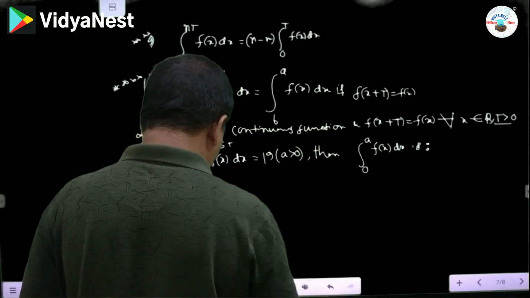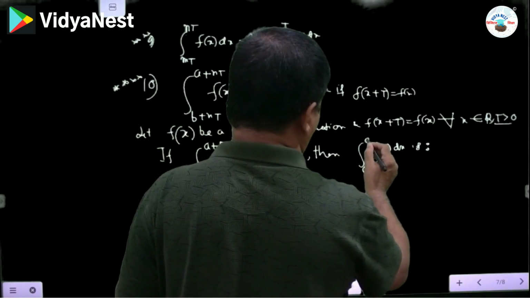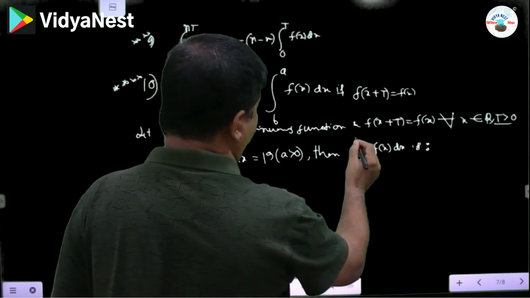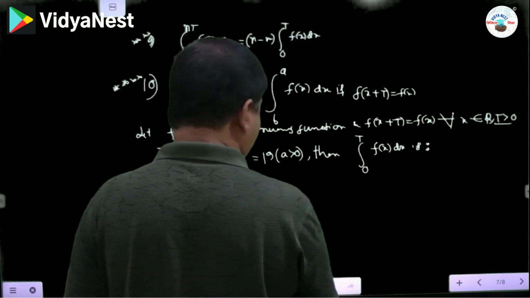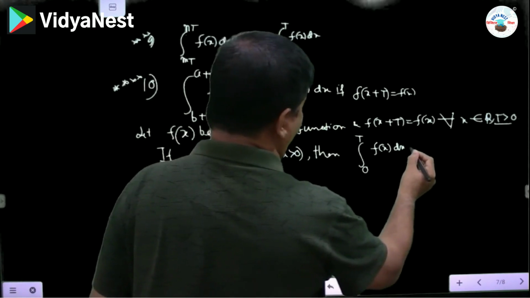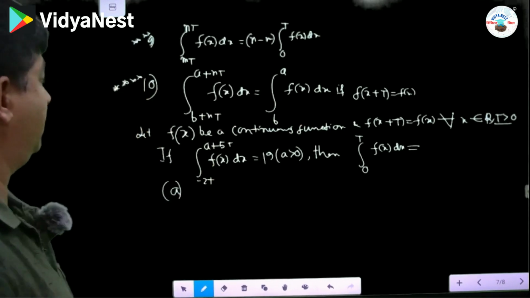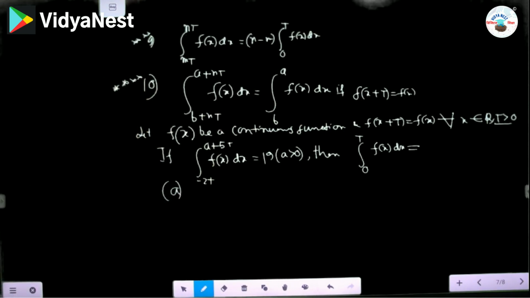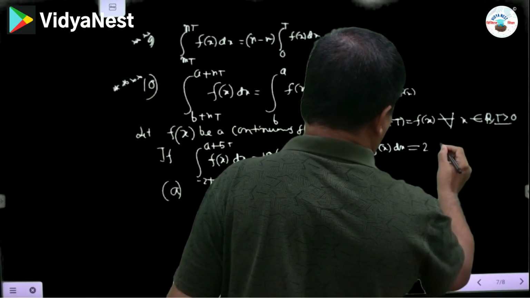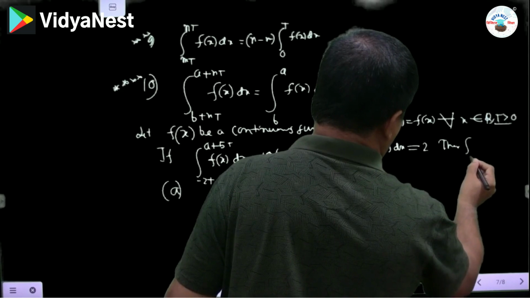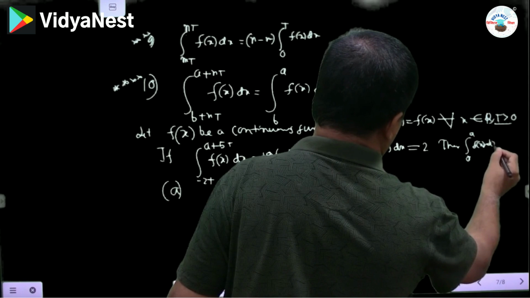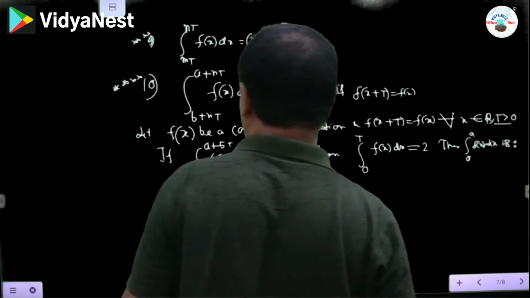But I missed out one condition. The integral from 0 to T of fx dx is also given, equal to 2. Then the integral from 0 to A of fx dx will be what?